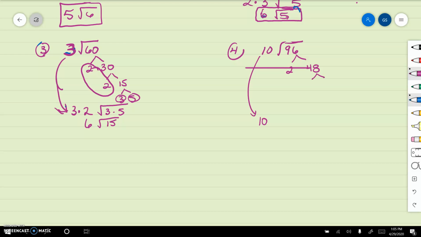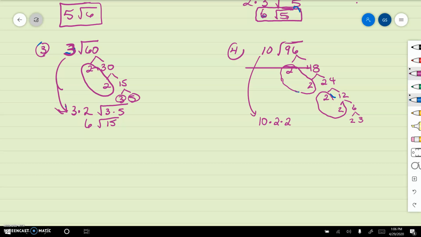We can break 48 down into 2 times 24. We can break 24 down into 2 times 12. And then we'll have 2 times 6 and then 2 times 3. So how many pairs of 2s do we have? Don't forget this guy up here. We have 1 pair of 2s, 2 pairs of 2s. So remember we had this 10 on the outside. We're going to multiply it times 2 times 2.